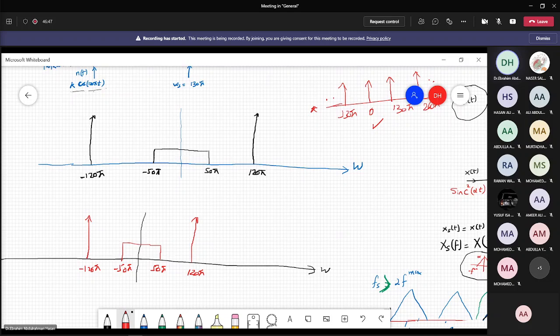Okay, with 130 pi, what do we get? So move this one to 130, so then I will get something here. But say 50 plus 130, so it is 180. So here it will be at 180 pi. And this one, 130 minus 50, how much will it be?